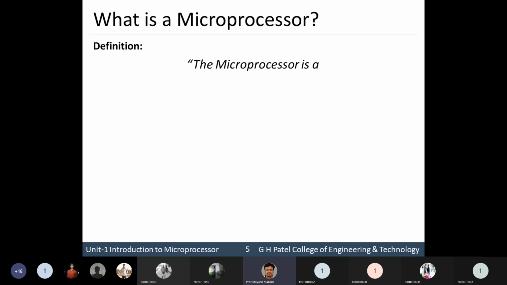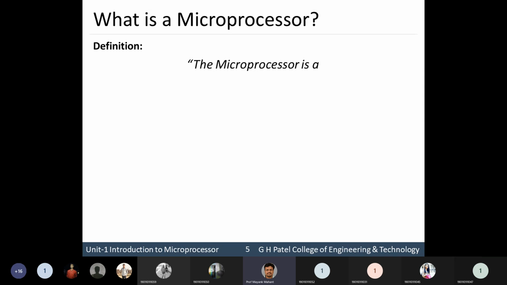Now let us try to put the definition of a microprocessor in words. We have understood what a microprocessor is. It is a CPU which has processing capability.